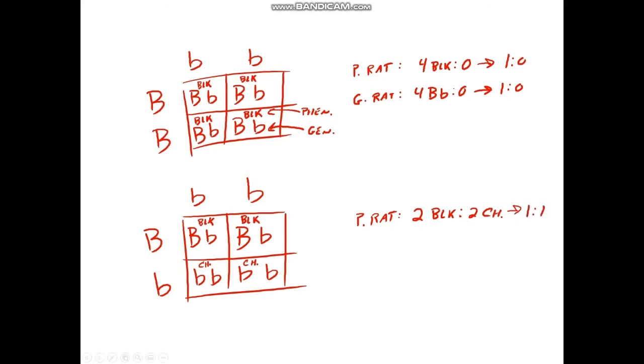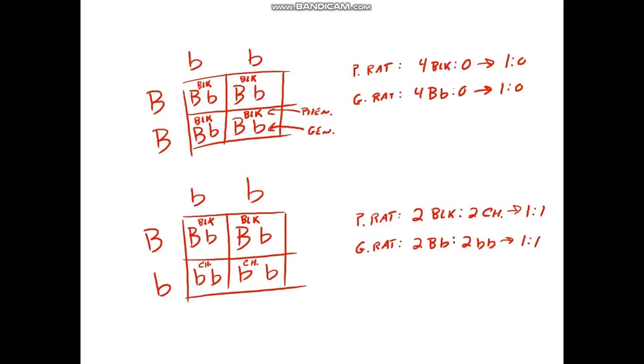That's what we call a 1-to-1 phenotypic ratio. The genotypic ratio is going to be two heterozygotes to two homozygous recessive, which is also a 1-to-1 ratio.